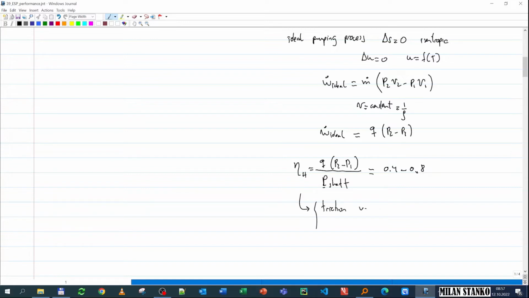We have friction with the vanes, for example. We have friction with the back of the impeller, which creates heat. We also have volumetric losses, in which the fluid might want to go from regions of high pressure to low pressure, so it might want to backflow through the pump.